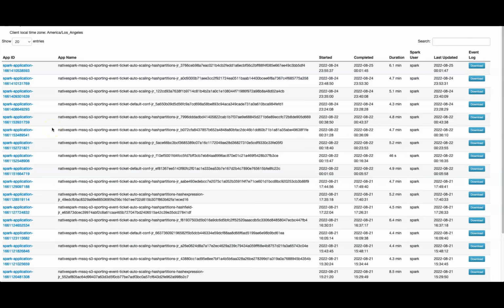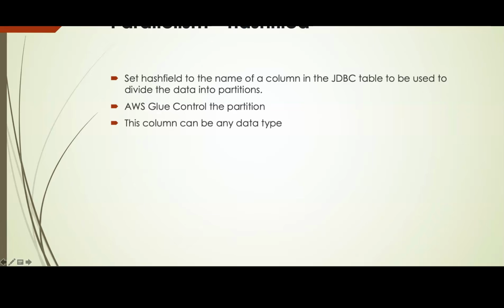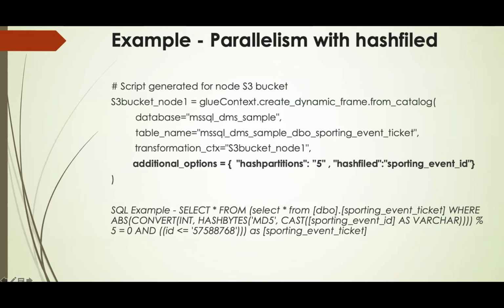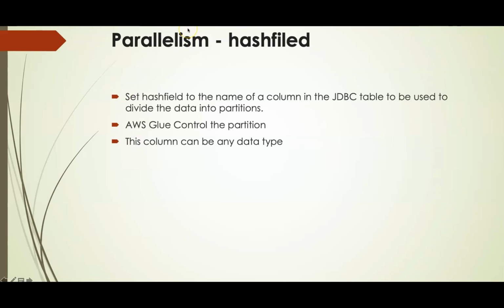So the second knob, let me go back to my presentation here. We just learned about hash partition. The second will be your Hashfield. Currently Glue determines which ID it's supposed to be using for partition, and that happens with the hash field as well.